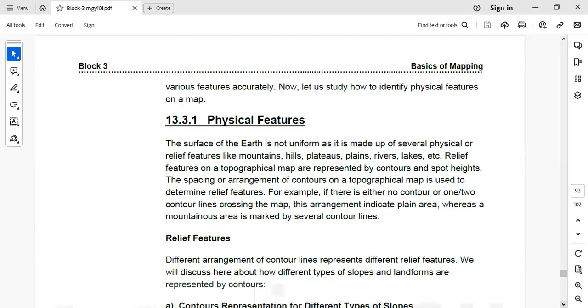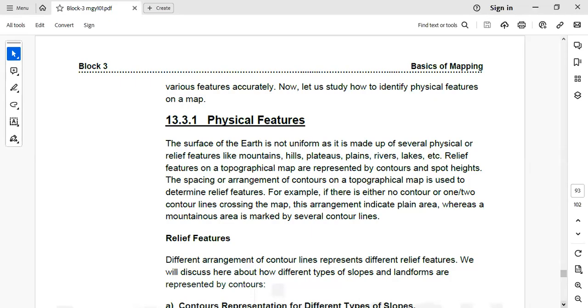So now you are aware that the topographical maps represent the physical and cultural or man-made features. So how can we interpret a particular map accurately?